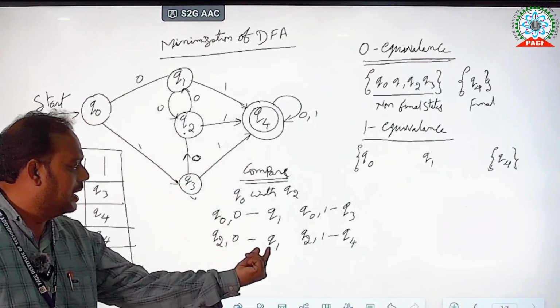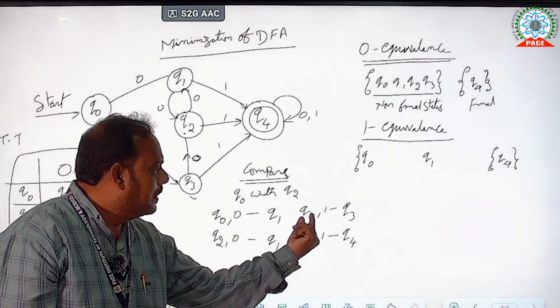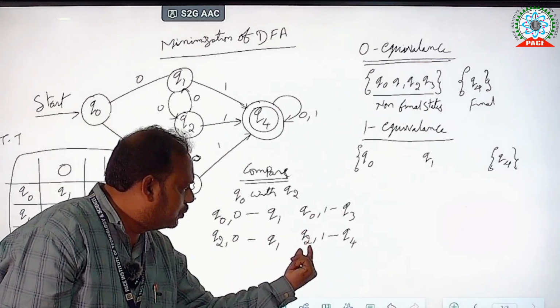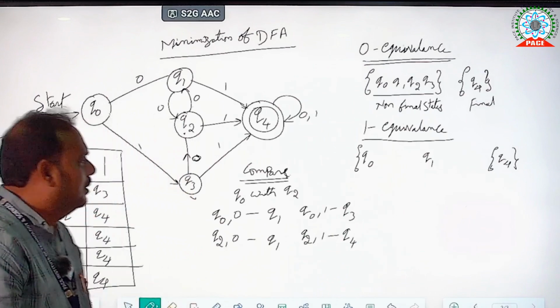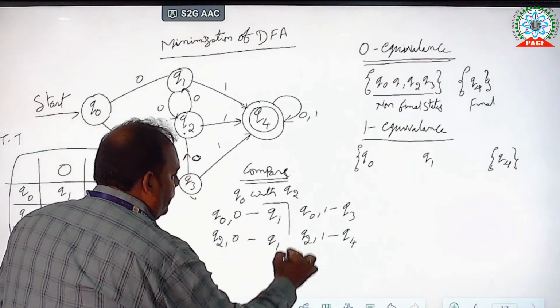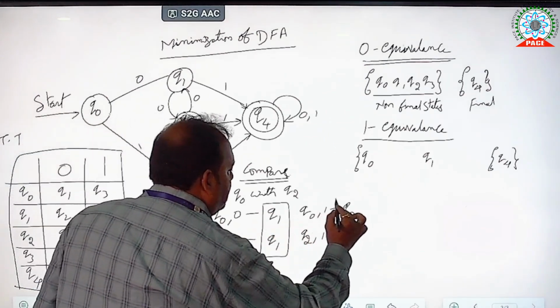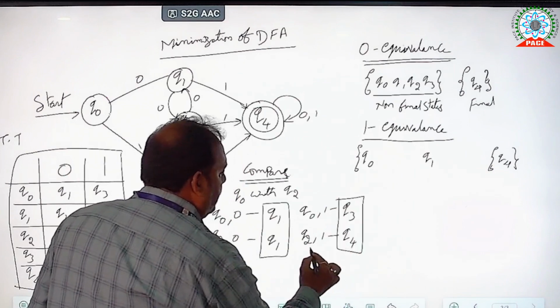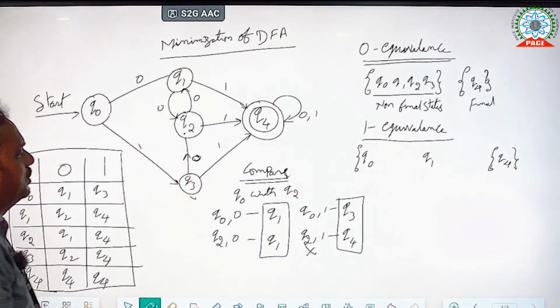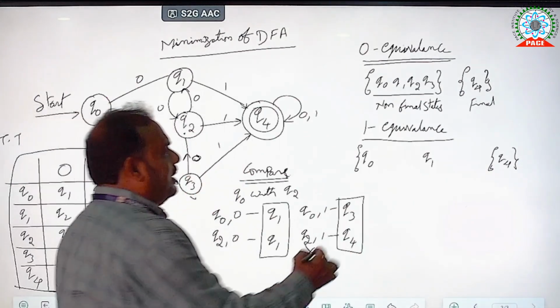Q naught with 1 transition reaches Q3, and Q2 with 1 transition reaches Q4. On the 0 transition these are the same, but on the 1 transition Q3 and Q4 are not the same. So again Q2 has to be written down separately.